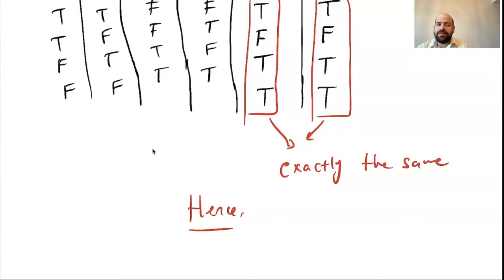The contrapositive of P implies Q is negation Q implies negation P. So here, if P, then Q: if x is equal to 2, then x squared equals 4. The contrapositive is if negation Q, so if x squared is not equal to 4, then not P, then x is not equal to 2.